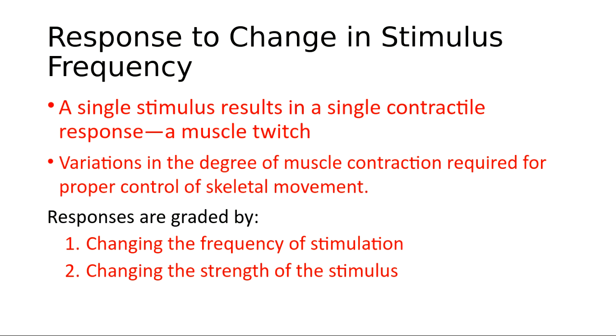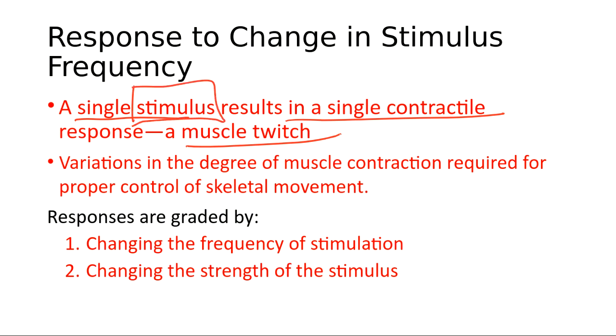Now, the next thing that happens is that scientists begin to play around with the frequency of the stimulation and the strength of the stimulus to see what happens to the twitch, okay, to the muscle contraction. So a single stimulus results in a single contraction response, which is a twitch. Now, what happens if the stimulation changes, becomes a stronger stimulus?